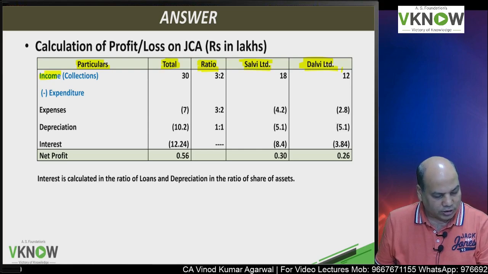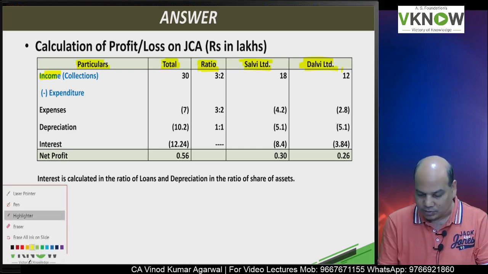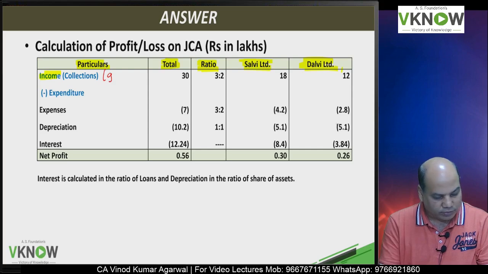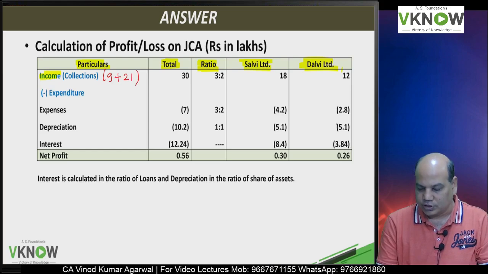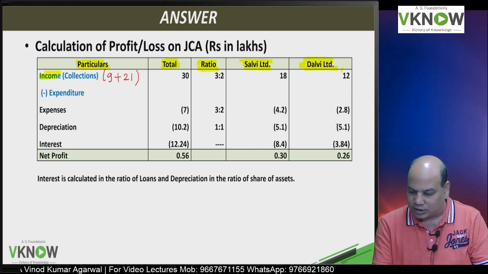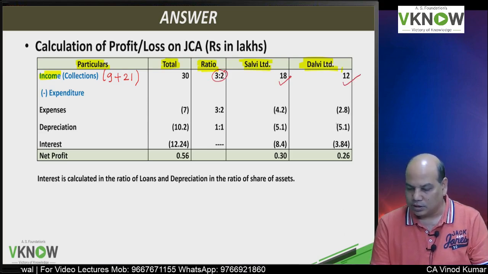The total collection made by these two parties is 9 lakh collected by one venturer and 21 lakh collected by the other venturer. So total 30. As per the agreement 3:2, Salvi should get 18, Dalvi should get 12.